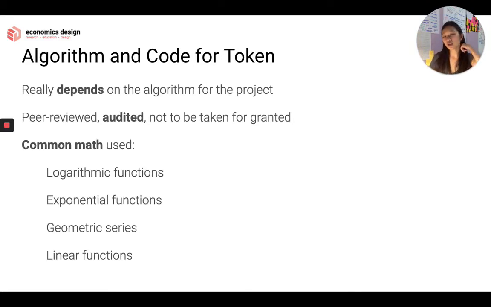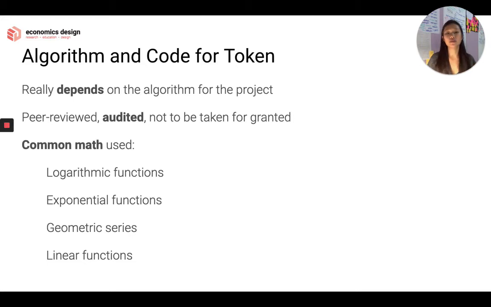What I notice is that sometimes people just have an assumption that the token model or the formula is just like that because someone else has done it, but no one else has verified or audited the base formula, and it's being applied and used in all sorts of ways. So that's something that you should not be taking for granted, and that's something that should be audited.